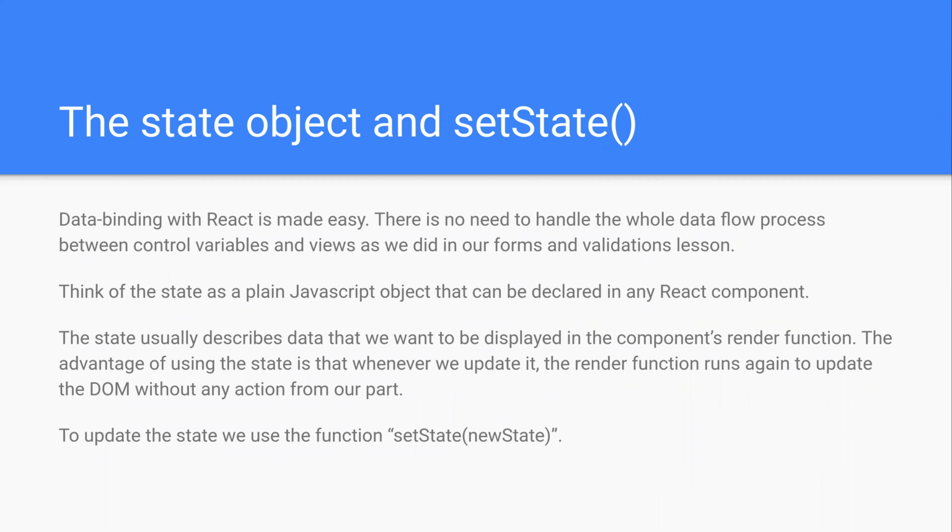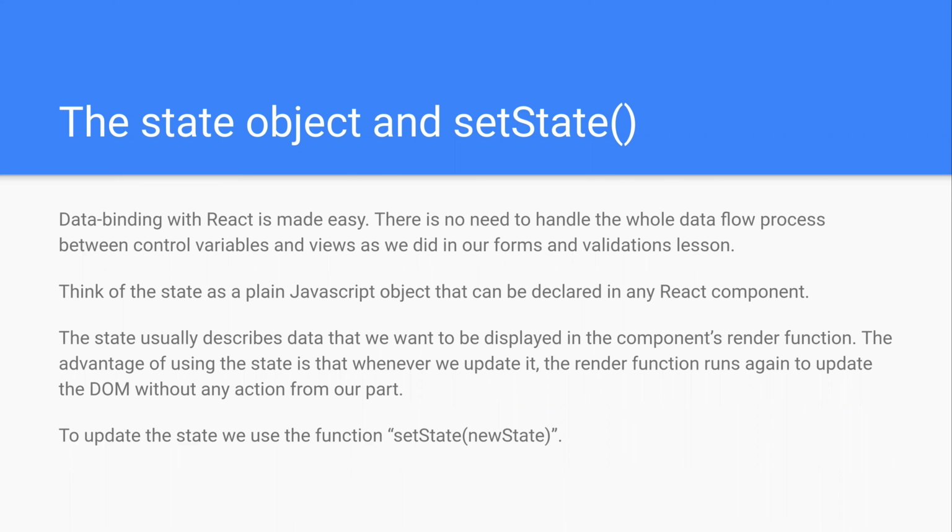So what is the state? State is basically a plain JavaScript object that can be declared in any React component. And it always needs to be called state. You can't call it anything else. If you give state to any React component, it will save any value in that state and will display it wherever you want it displayed.